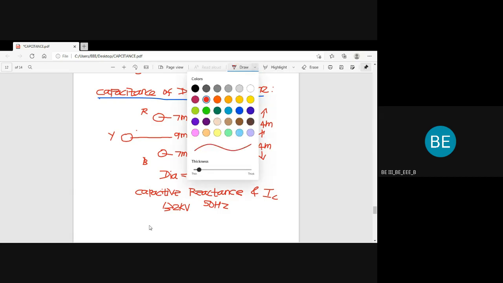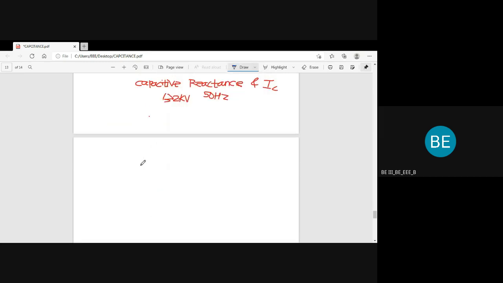Right. So first, the formula for capacitance. What is the formula for capacitance? We know the capacitance per phase to neutral, C, will be equal to 2 pi epsilon naught divided by ln of Dm by Ds, farad per meter.